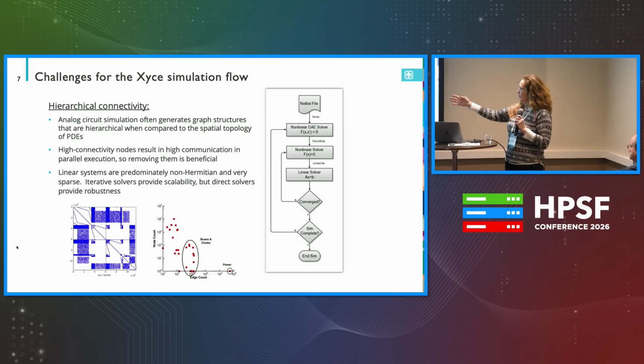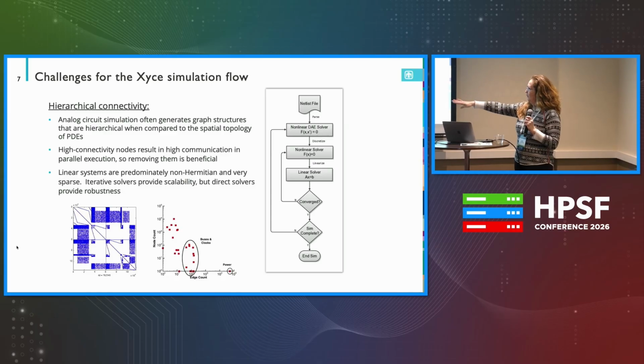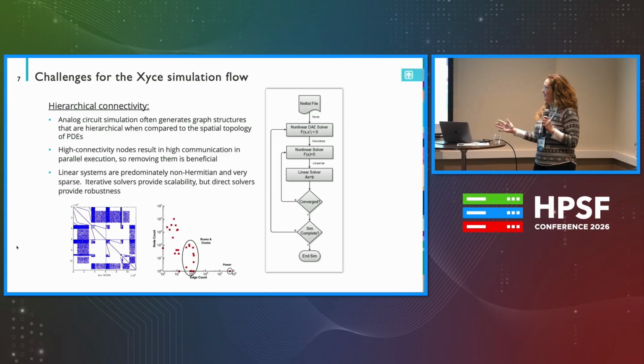See here in the bottom right, you have a node count versus edge count. You'll have not a lot of edges at most nodes but a huge node count, and at the power node, a lot of edges but not a huge number of nodes. You have a power element in there that is powering all your devices.